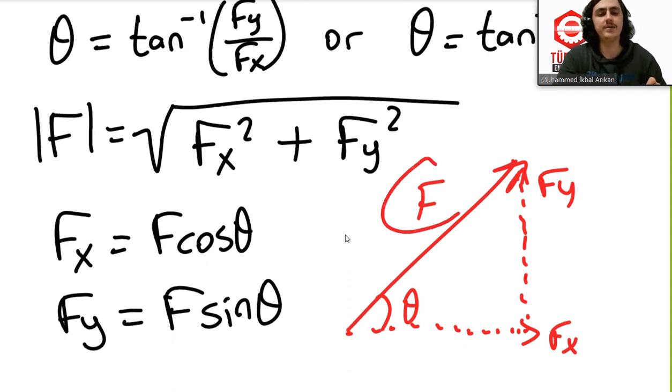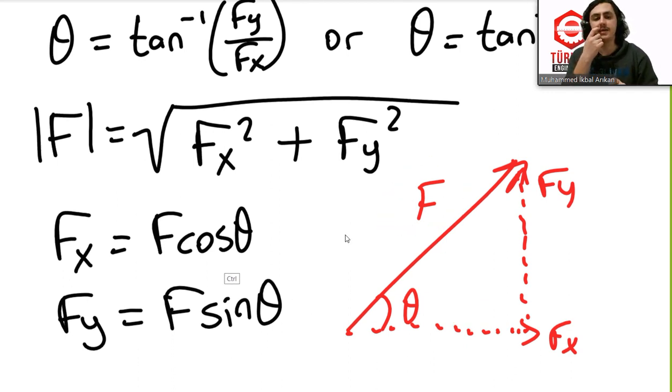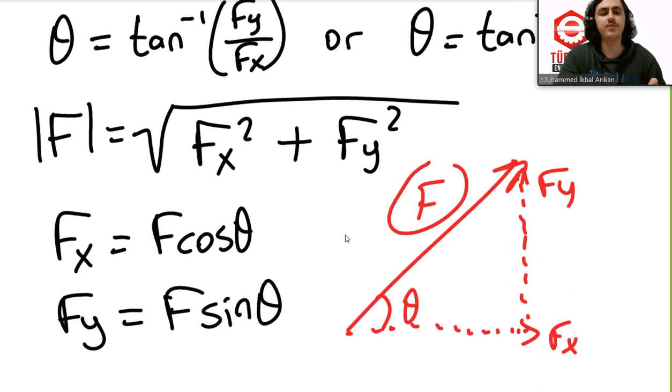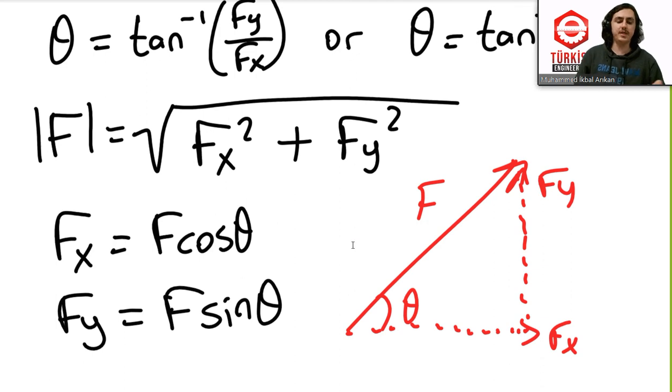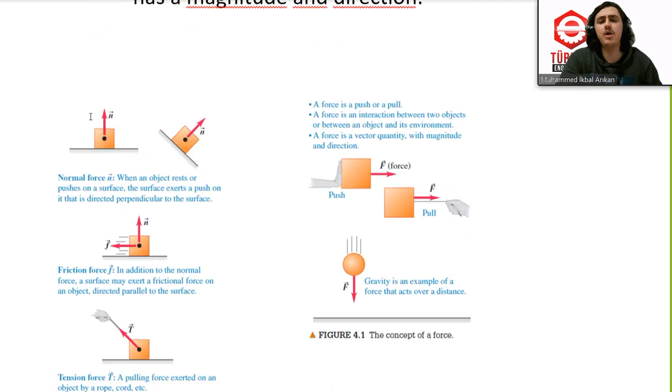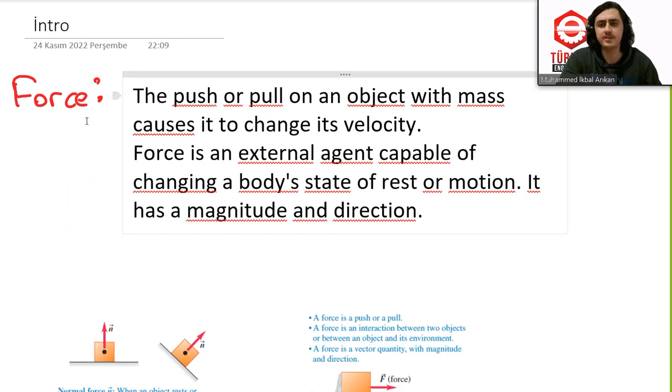When you multiply the force by cosine theta, you will get the x component, and when you multiply it by the sine of theta, because the opposite side is just the y, you will get the force in the y direction. So that's all for net forces and forces, and this is chapter 4.1.